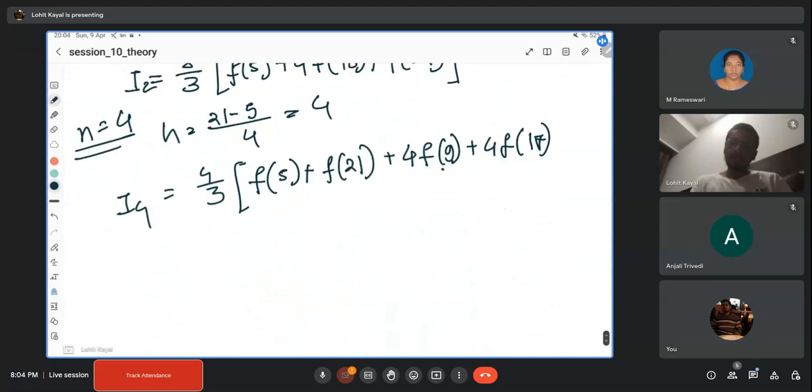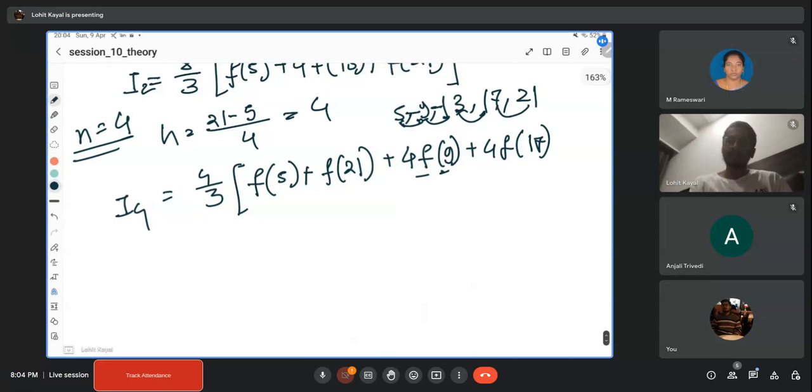Because why 4f(9) and 4f(17)? Because the points are 5, 9, 13, 17, 21. First segment between 5 and 9, second segment between 9 and 13, third segment between 13 and 17, and the fourth segment is between 17 and 21.